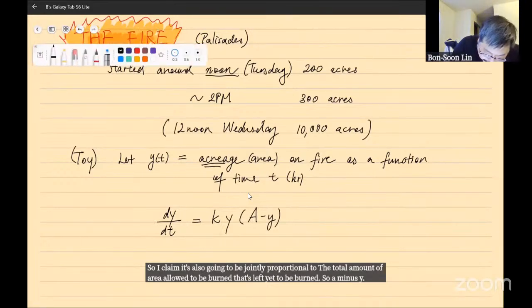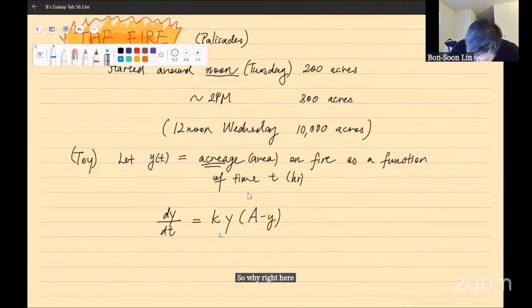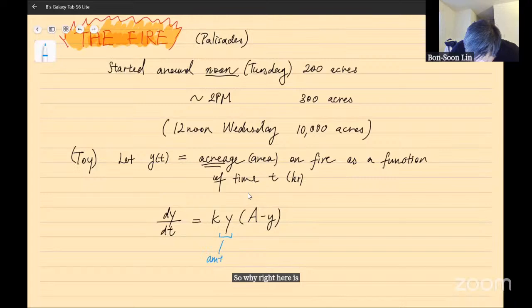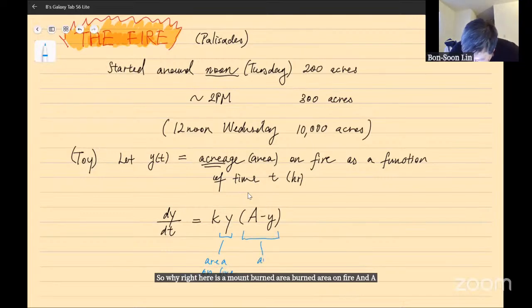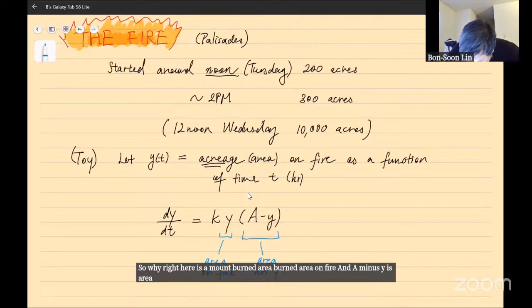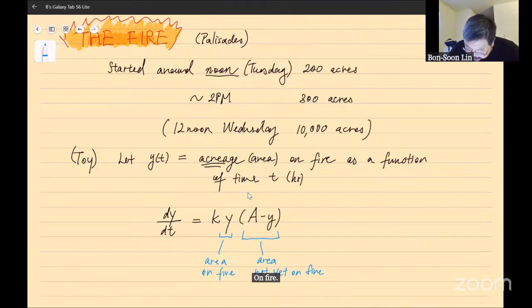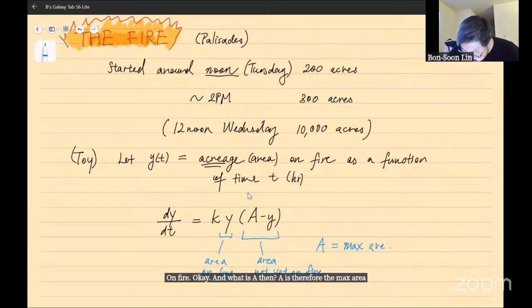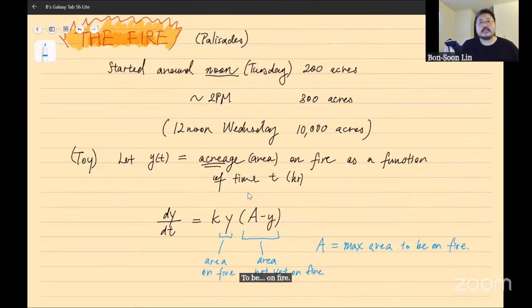So y right here is the amount burned, area on fire, and A minus y is area not yet on fire. And what is A then? A is therefore the max area to be on fire. Does that make sense? Okay.